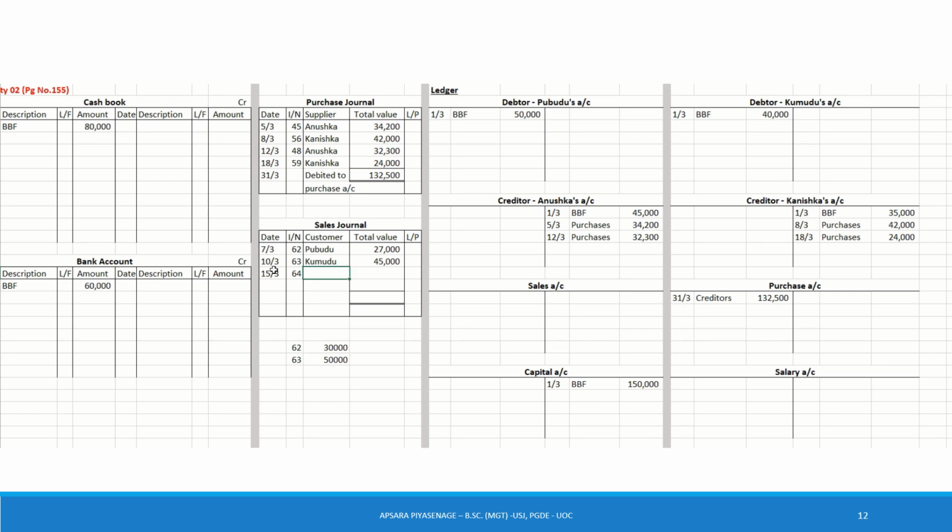That is a sale to Pubudu. 40 children wear at 600 each. That means 24,000.